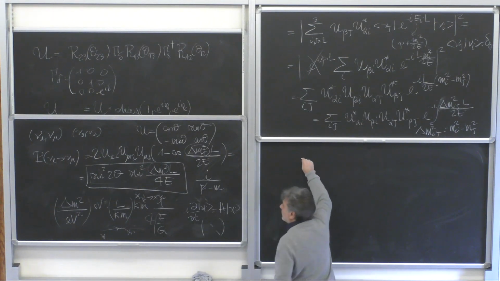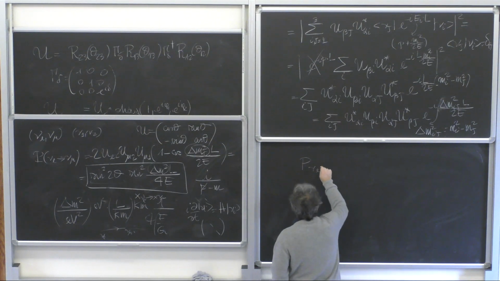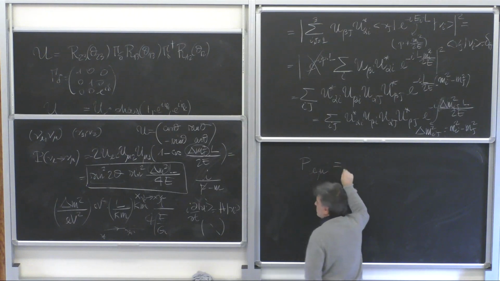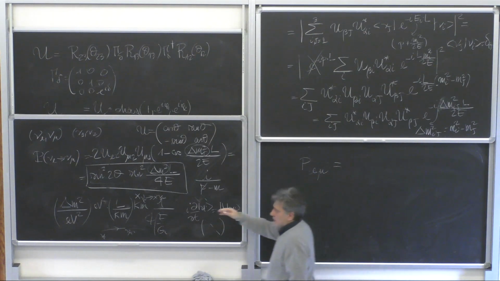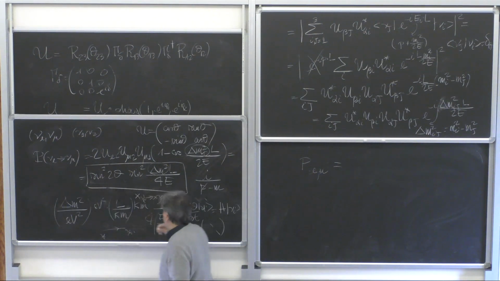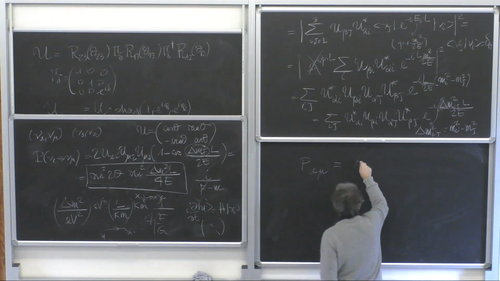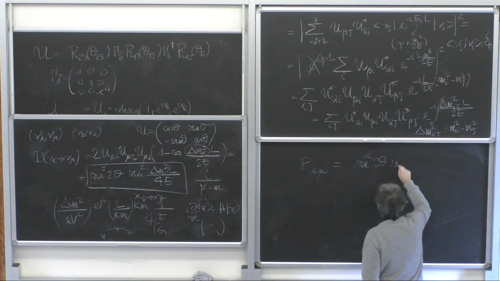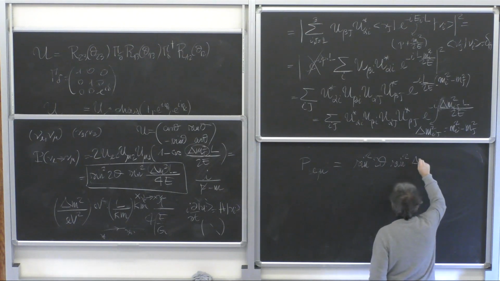I write again here, P nu e to nu mu, just to mean the nu e going into a nu mu, as sine squared 2 theta sine squared delta m squared L over 4E.